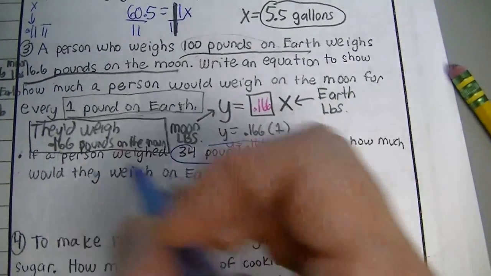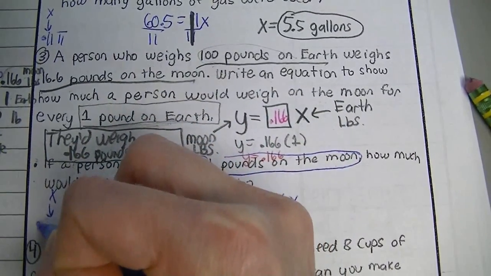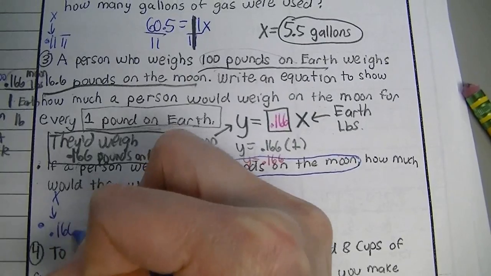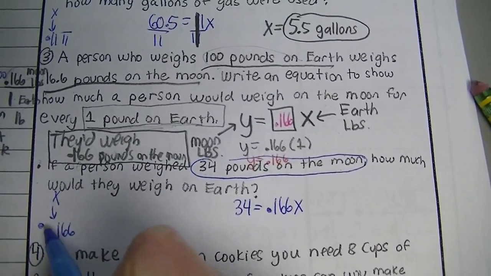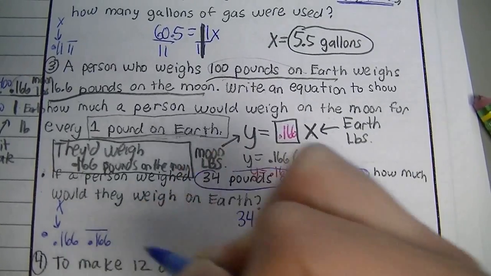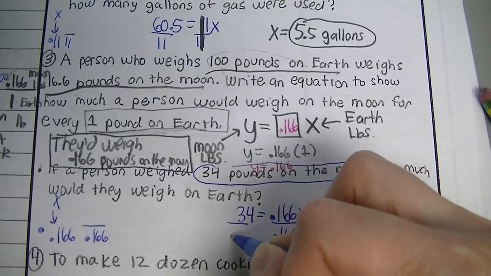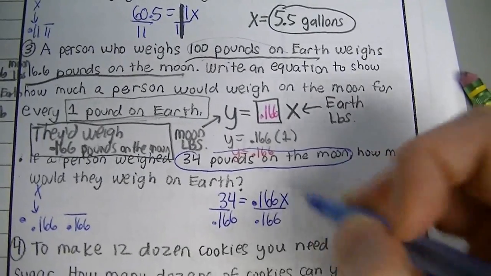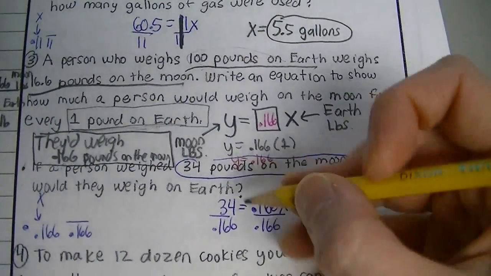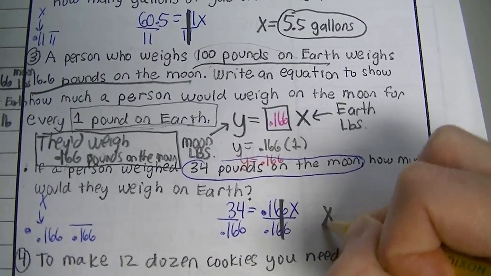So when you build this, you start with x. Then after that, we multiplied it by 166 thousandths. The inverse operation of multiply is to divide, so we're going to divide both sides by 166 thousandths. Okay, 166 thousandths divided by 166 thousandths is 1. 1 times x is 1x, or x.